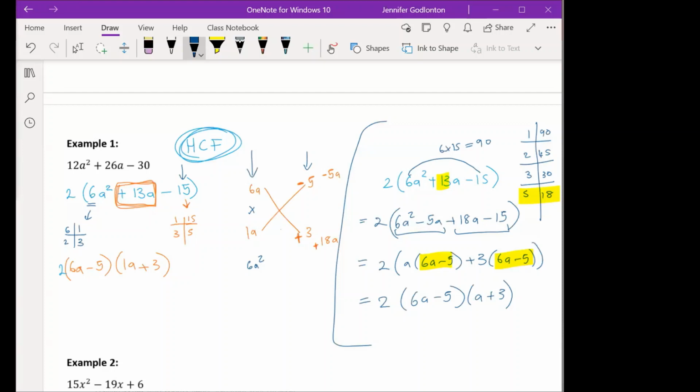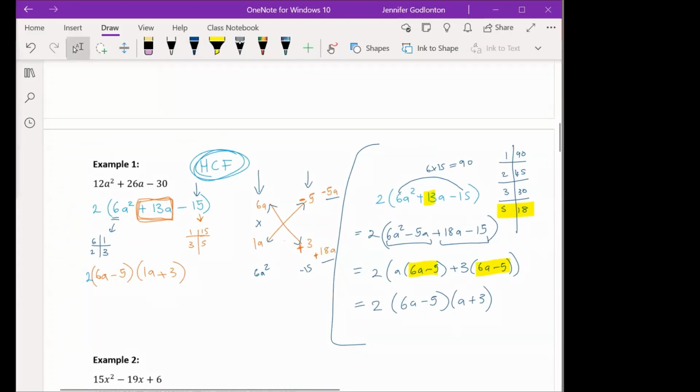So negative 5 times 3 is going to give me negative 15 to get to our second one. And we multiply in a cross way, which gave me the negative 5a and the 18a, which gives us our 13a. I know that this is going to seem confusing and some will be like, I hate it, I don't want to ever see it again, but I promise they get easier over time. So you must do whichever way you feel more comfortable doing.